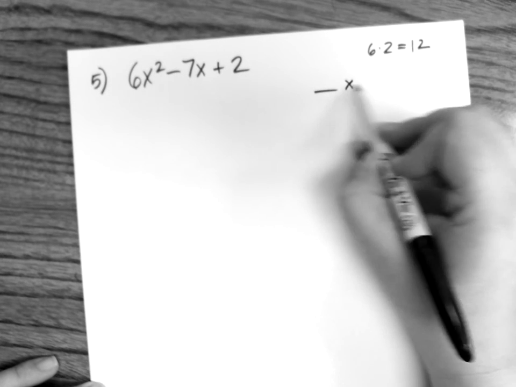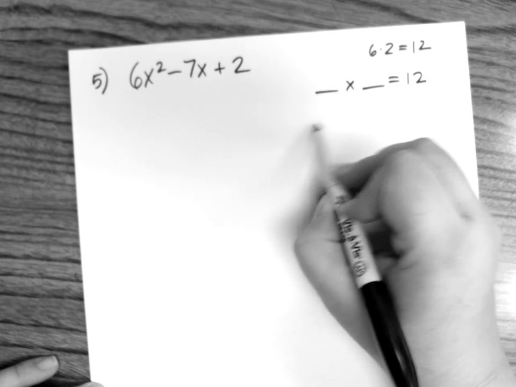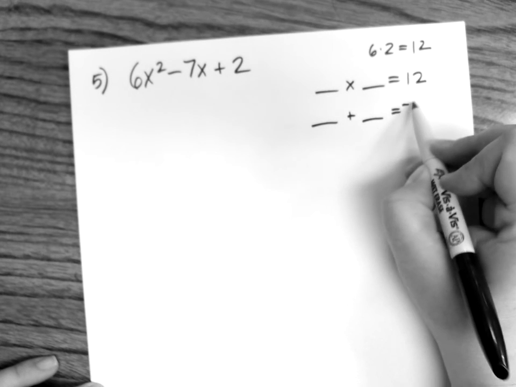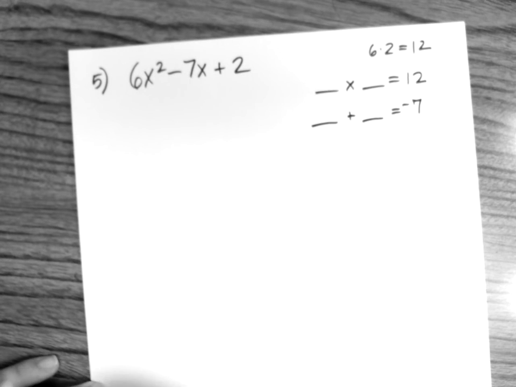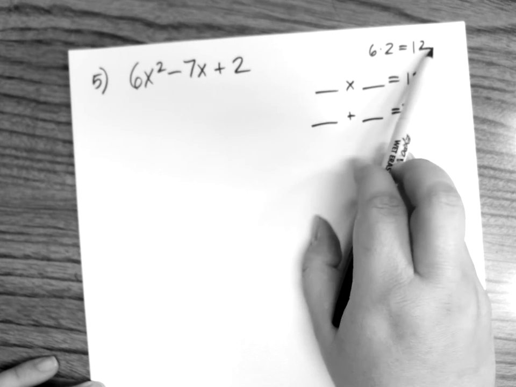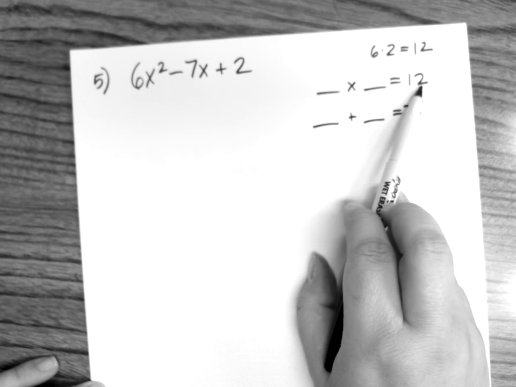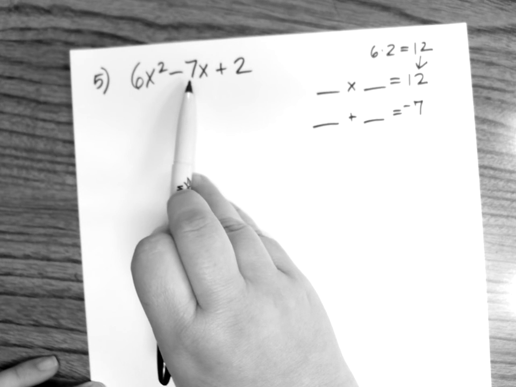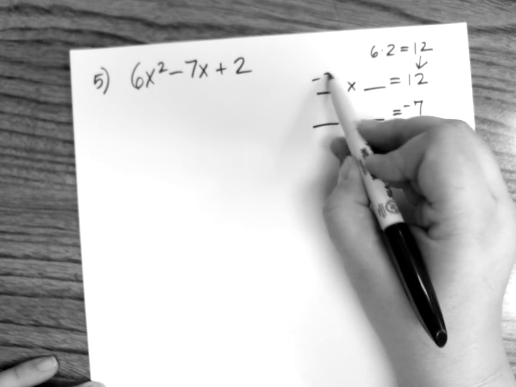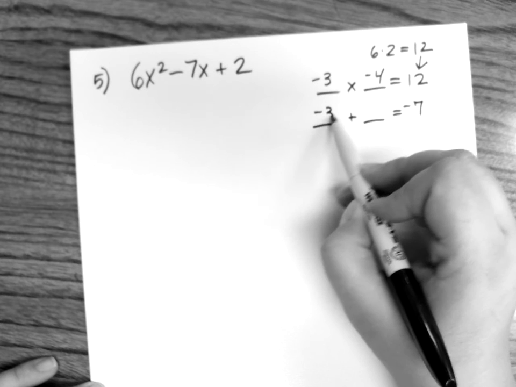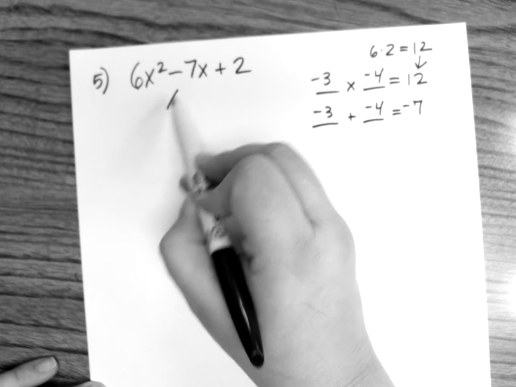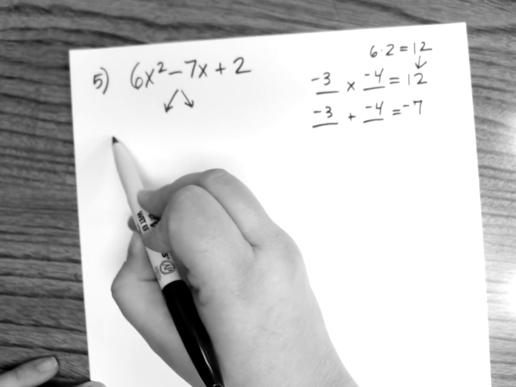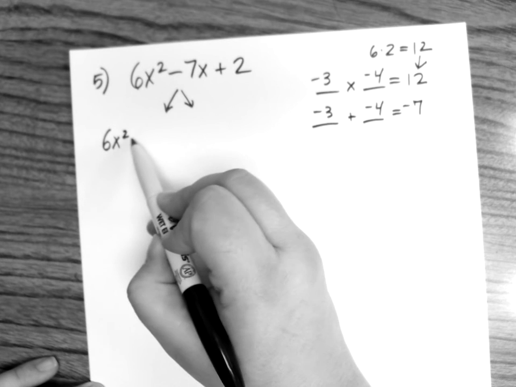So I need 2 numbers that multiply to give me 12 and add to give me negative 7. 6 times 2 comes from here. So 2 numbers that multiply to give me that, add to give me this number right here. So that would be negative 3 and negative 4. So this now gets split up into negative 3x and negative 4x.